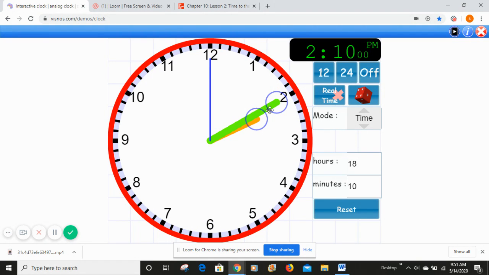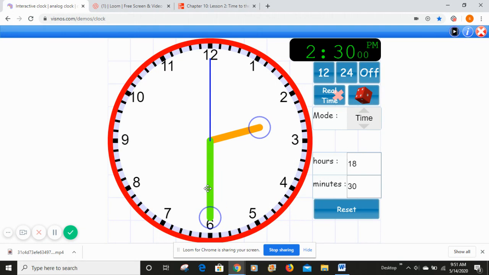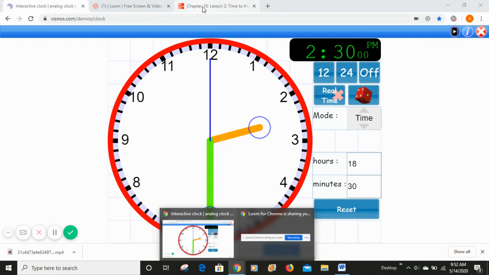I could move my hour hand over here, I can put that right there. Now I can see that my hour hand is a little past 2, but not to 3, and my minute hand points down here to 6. My time is 2:30. So this is a real handy clock to help not only with the analog clock, but also with the digital clock. So let's take a look at a couple other examples.